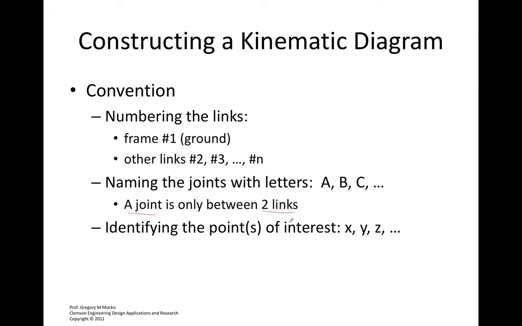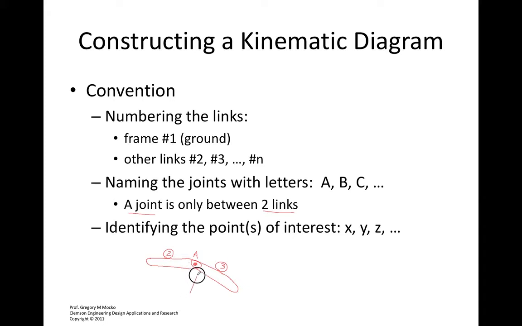So a joint is between 2 links, and if you see, for example, we've got a link here, we'll call that 2 because it won't be the ground, and we've got a link here, we'll call that 3. There's a joint A. That joint is between these 2 links.